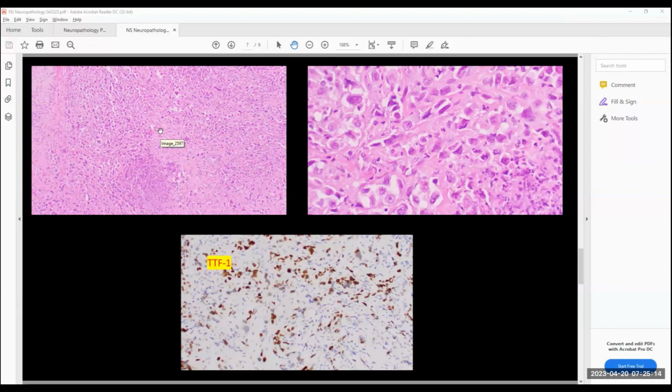And on the right side, you can discern on high power that these cells have a considerable amount of nuclear atypia, prominent nucleoli, again, an infiltrated pattern. And then at the bottom, I'm just showing you one of the immunohistochemical stains, TTF1, which is characteristically nuclear positive in these cells. And the lung pathologist who looked at this decided that this is most compatible with a lung primary, metastatic adenocarcinoma.